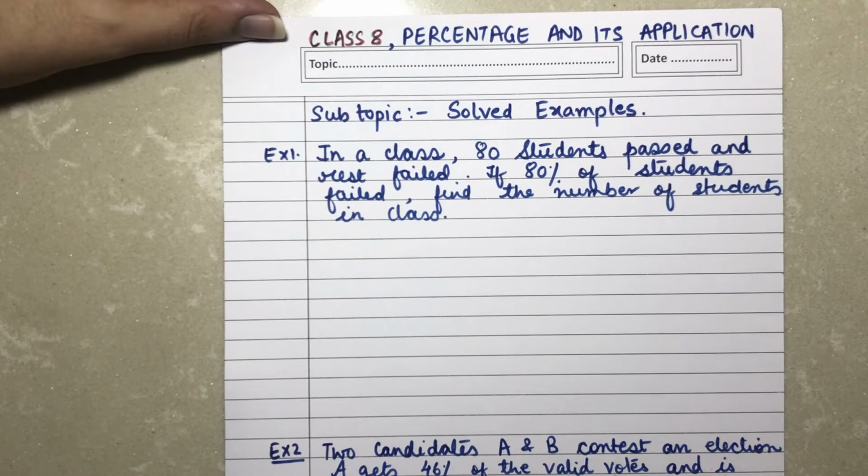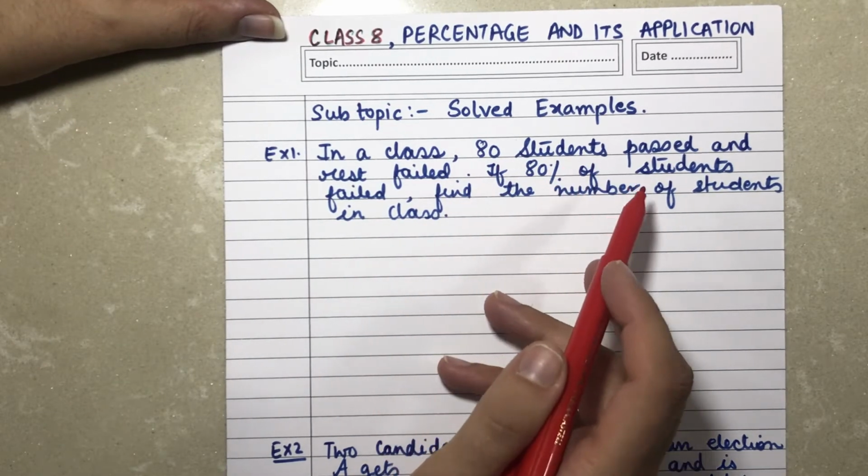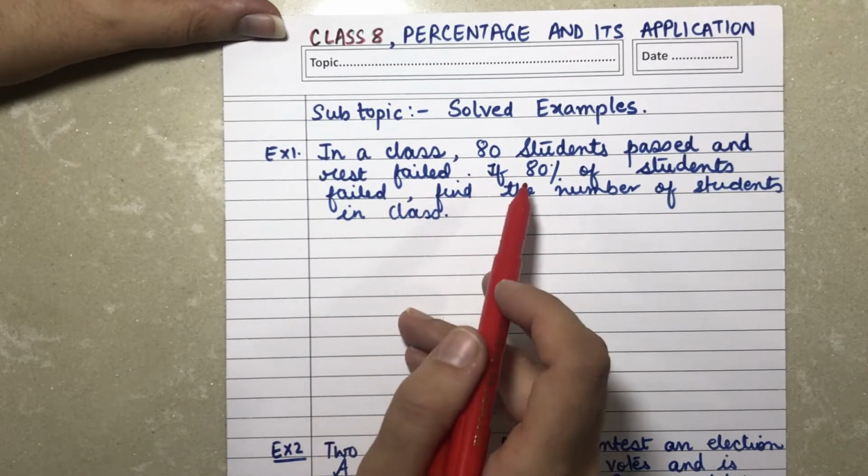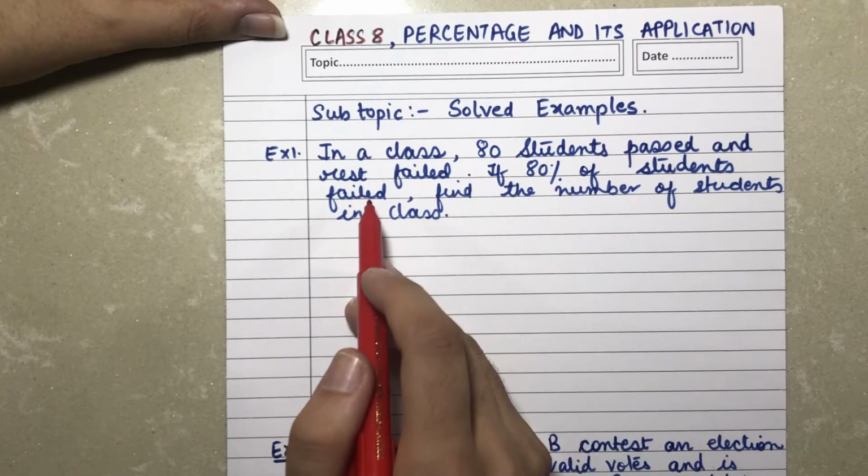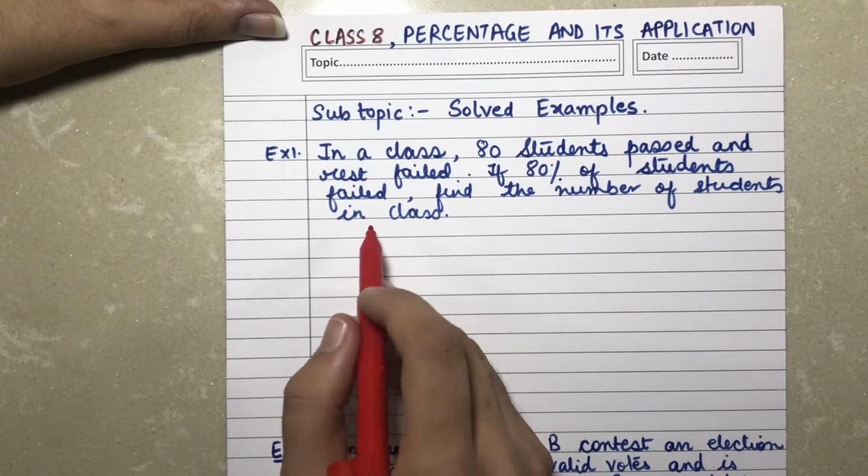This says, in a class 80 students passed and the rest failed. If 20% of the students failed, find the number of students in the class.